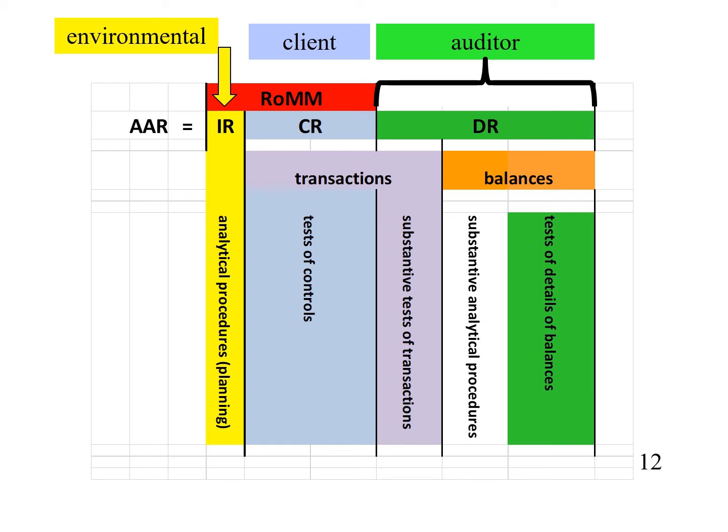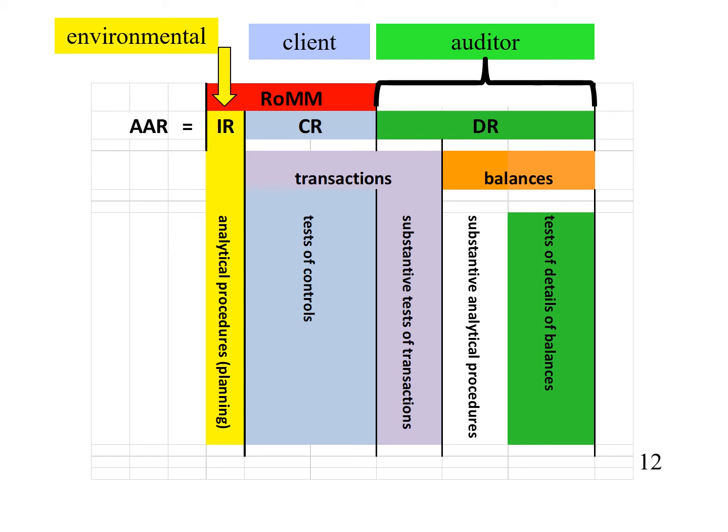Then we've got detection risk, which includes substantive tests of transactions, substantive analytical procedures, and tests of details of account balances. And substantive analytical procedures and tests of details of account balances are testing balances rather than transactions. So where we're talking about purple, those would be the assertions that relate to transactions.